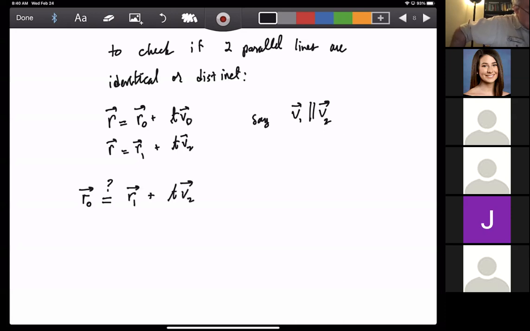Oh, fudge, that should be a 0, that should be a 1. Okay, so this is my right-hand side for line 2. So can I pick T to get to a point which I know is on line 1?